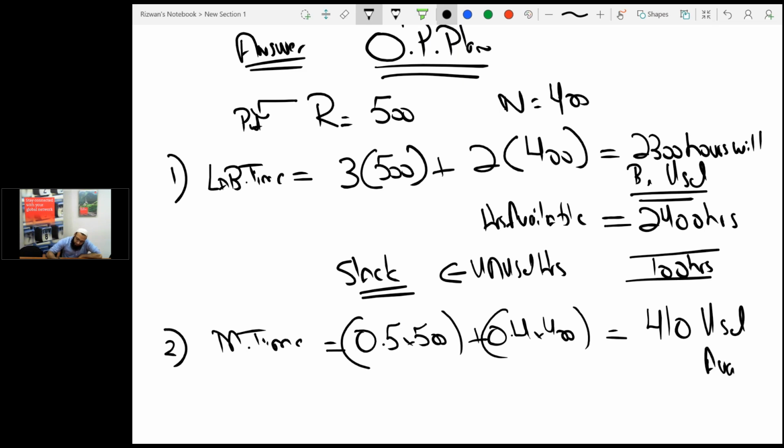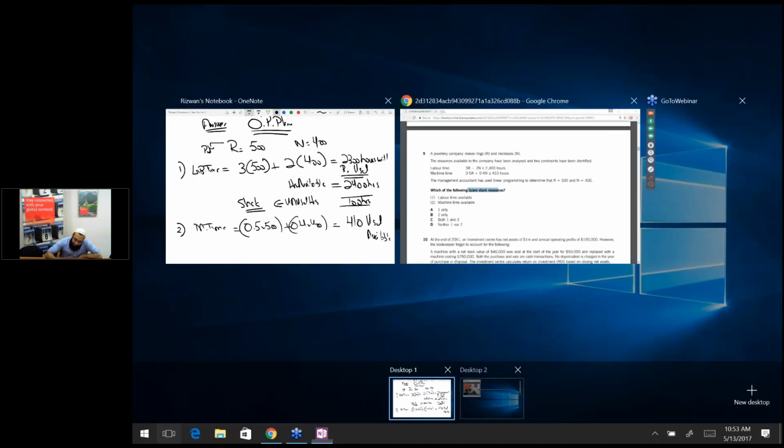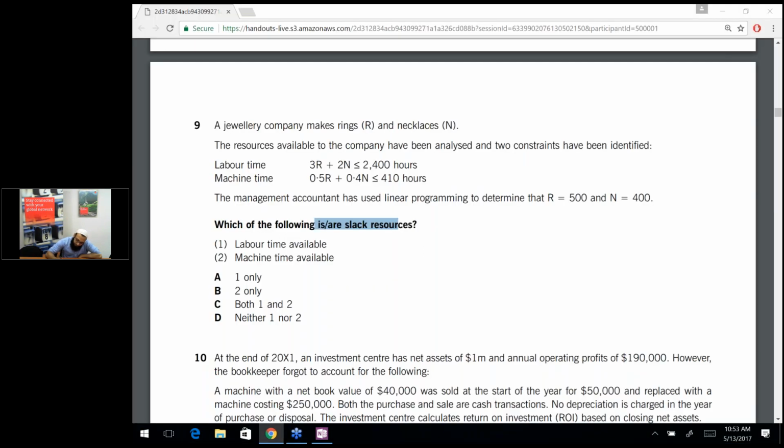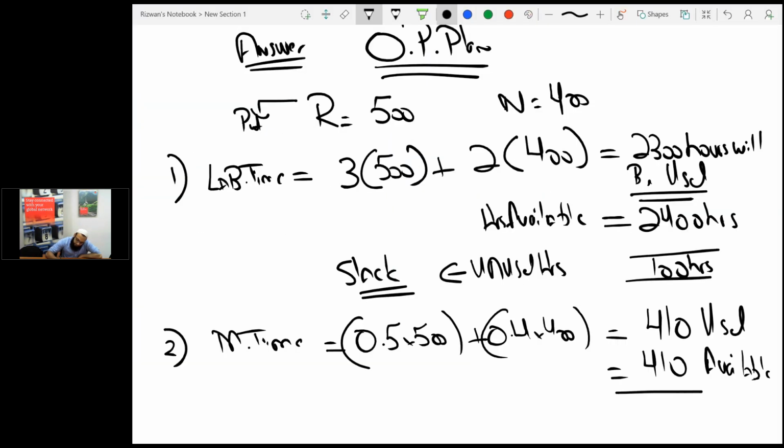And what's available? What's on offer? The hours on offer are, wow, exactly 410. So there is no unused time. So there is zero slack.